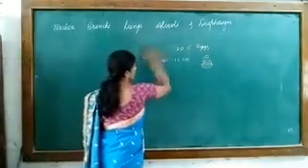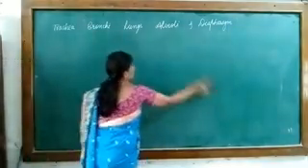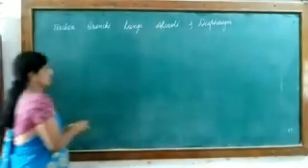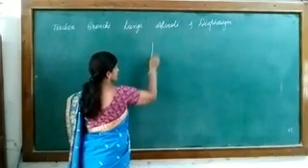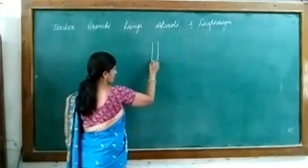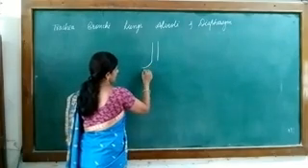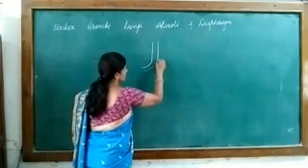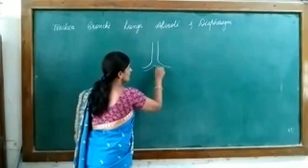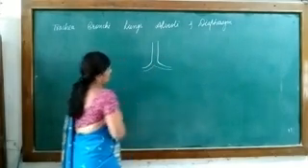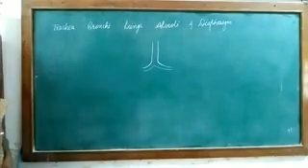What are bronchi? This is the respiratory tract, the trachea, and this trachea gets bifurcated. It gets divided into two parts. So these are called the bronchi.